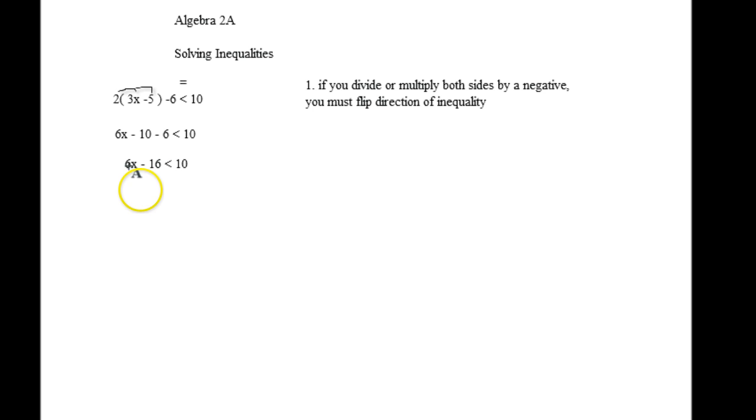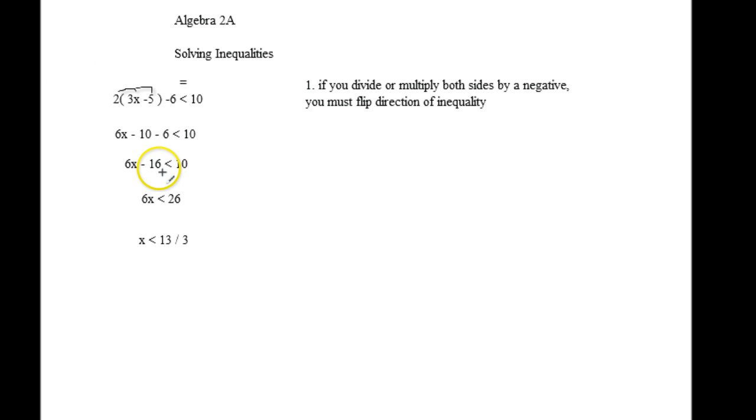Then we add 16 to both sides, so we get 6x is less than 26. And then we divide both sides by 6, and we get x is less than 13 over 3. I do want you to write out the simplified improper fraction, not the mixed number, please. It just saves a whole bunch of headaches that way. Okay, so you have that all set up.